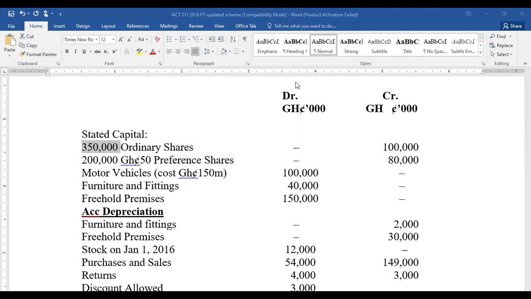Total all and see how much you are getting. The total is 48 million, so 48,000.